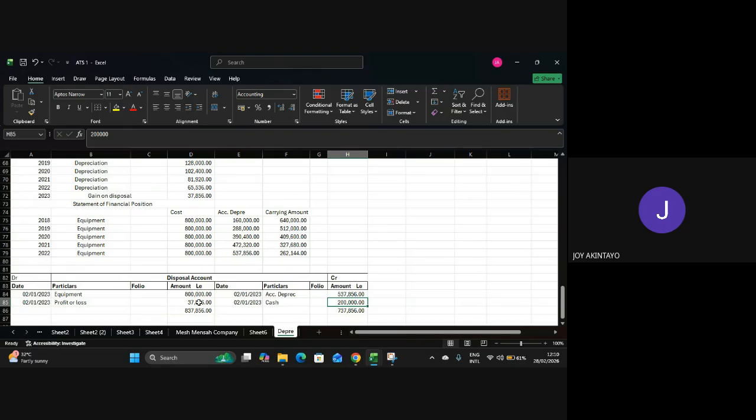It can be profit again, abi? 800,000 naira is higher than 737,856. So what is our gain on disposal? 800 minus 737,000.